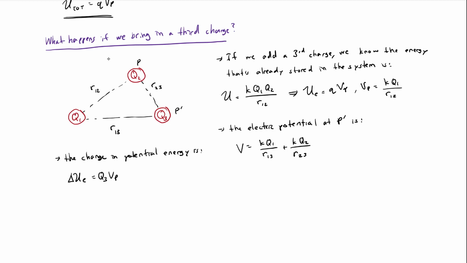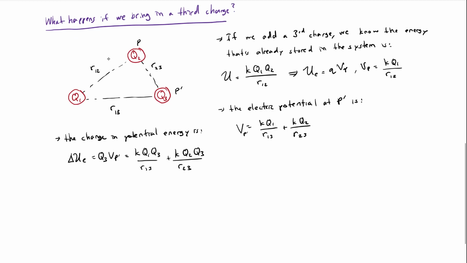So similar as before, instead of Q VP, we're now bringing in charge Q3 with VP prime. And I know that this will be K Q1 Q3 divided by R13 plus K Q2 Q3 divided by R23. So now that we have the change in potential energy, we should probably figure out the total energy.